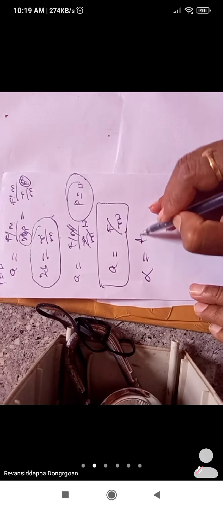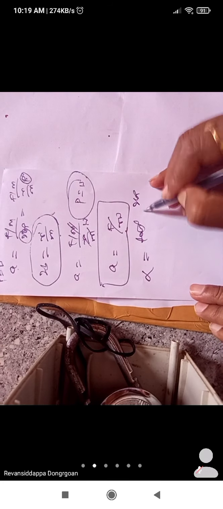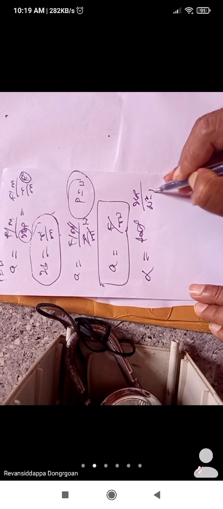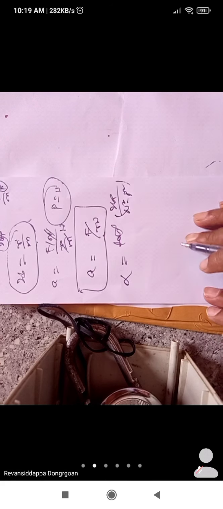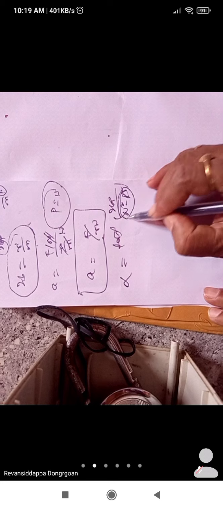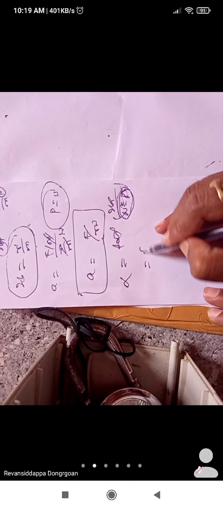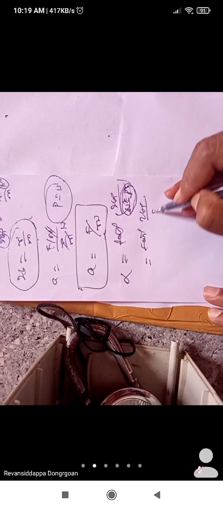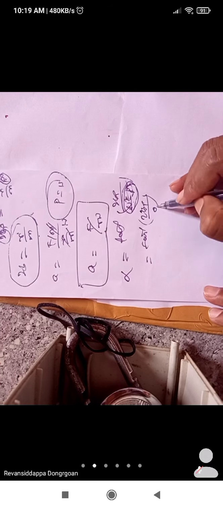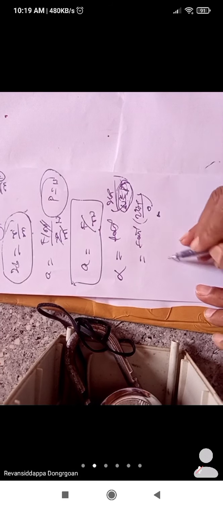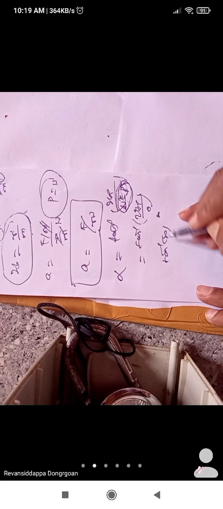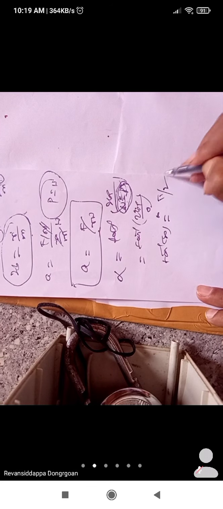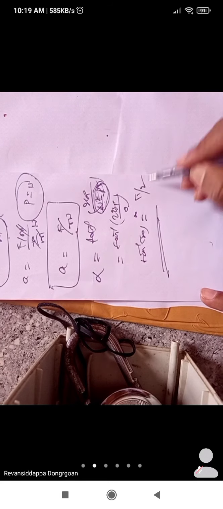For this case, what will alpha be? Alpha is equal to tan inverse of 2bp divided by omega square minus p square, the standard angle formula. Again omega square minus p square is 0, so 2bp divided by 0 means the value is infinity. Therefore tan inverse of infinity is 90 degrees or pi by 2. This is the maximum displacement, 90 degrees to the right or left.